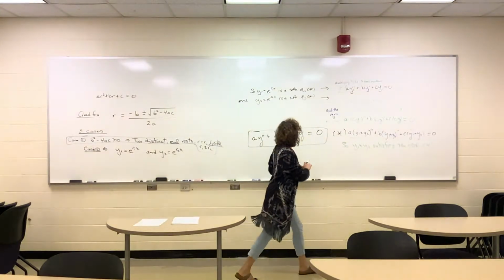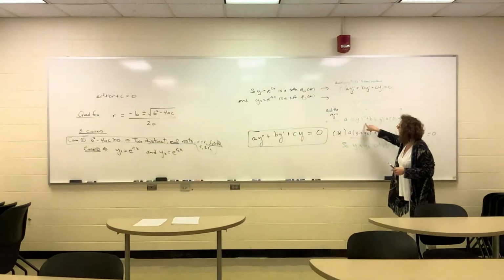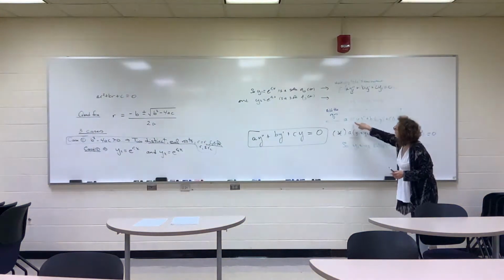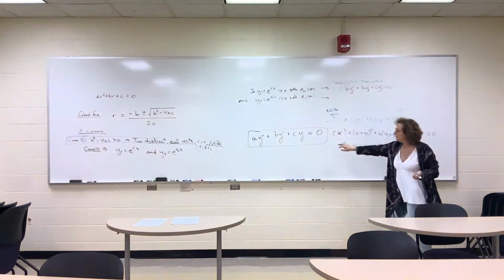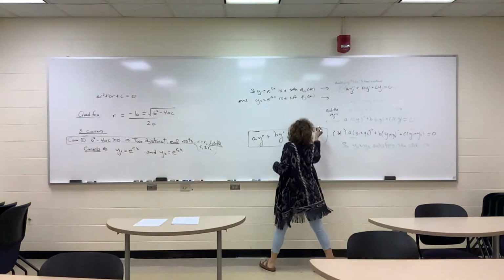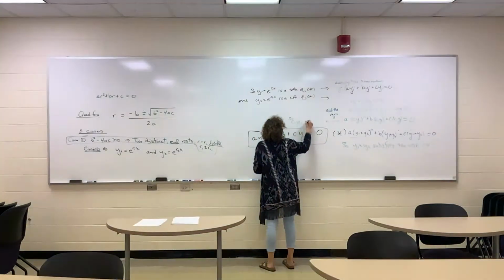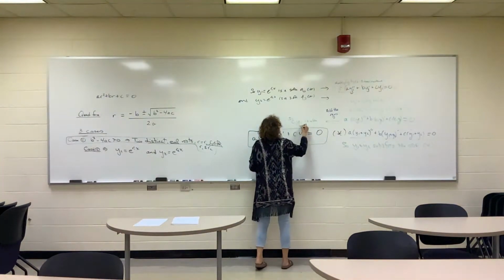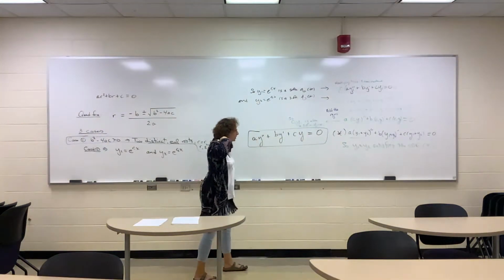Because this satisfies A times the second derivative of that thing plus B times the first derivative of that exact thing plus C times that thing is 0. And that's what this equation says has to be true, right? So C1 y1 is also a solution of star, yeah?